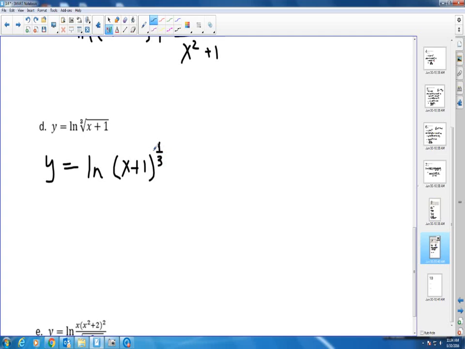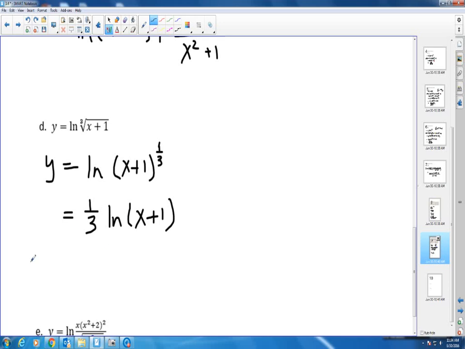The logarithm of power says the exponent can always be moved to the front. I don't know if y'all remember that. That was back in module 1. So that allowed me to bring the exponent down. So this problem using the logarithm of power will be 1/3 times natural log of x plus 1.